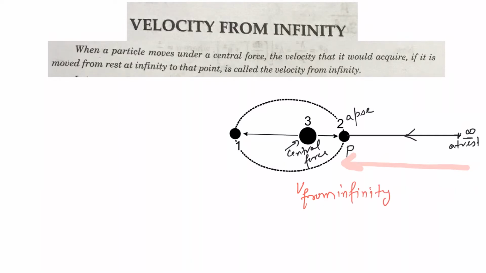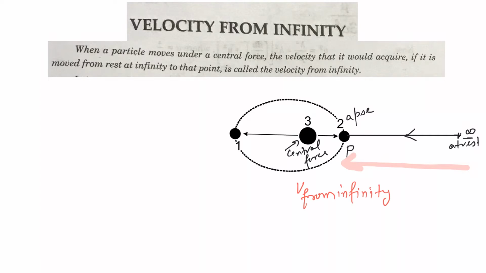Okay, now I think the definition is very much clear. The velocity acquired by the particle when it is moved from infinity to some particular point under the influence of central force is called velocity from infinity.